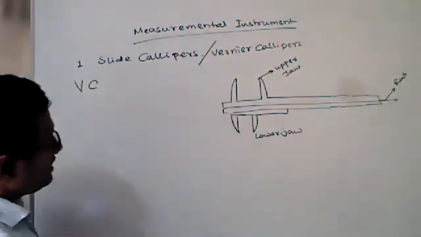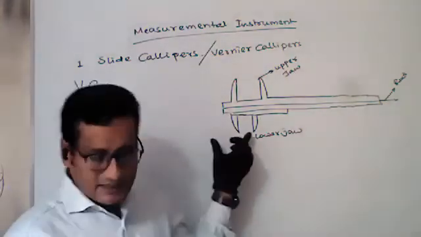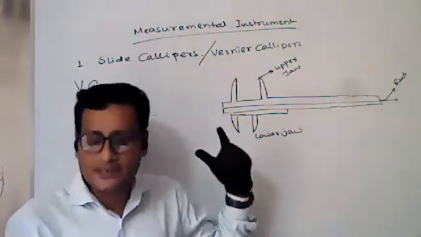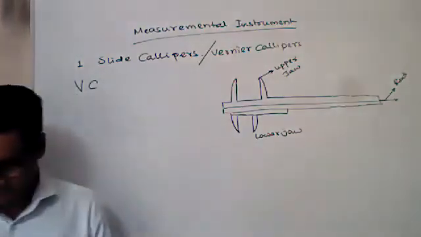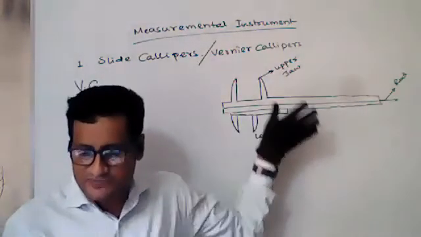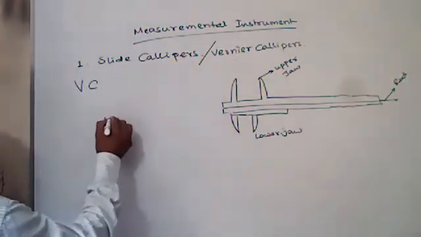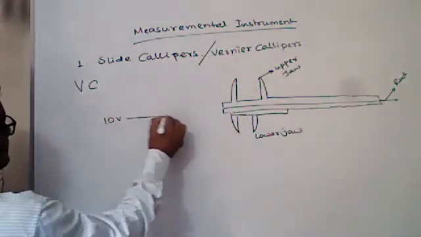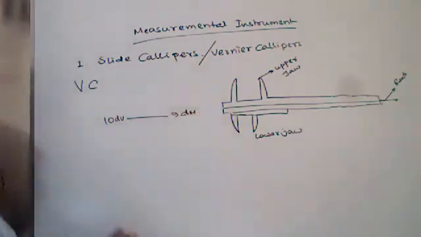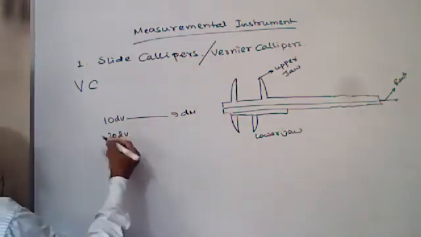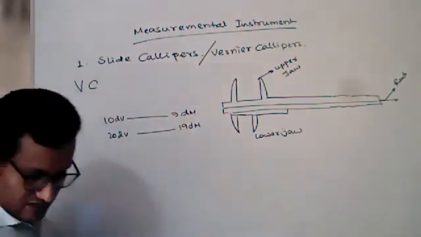Why? If the two jaws coincide, then the 10 divisions or 20 divisions of the Vernier scale is not equal to the total divisions of the main scale. Suppose 10 divisions of the Vernier scale equal 9 divisions of the main scale. 20 divisions of the Vernier scale equal 19 divisions of the main scale.